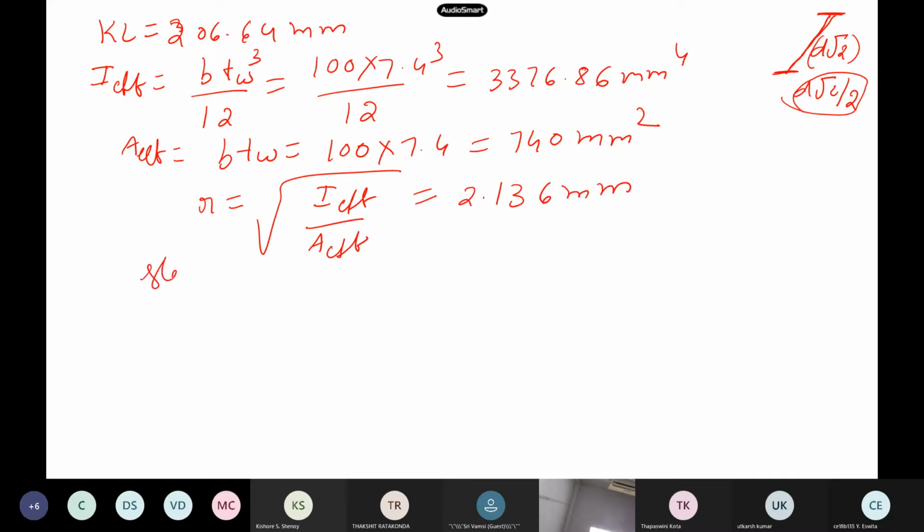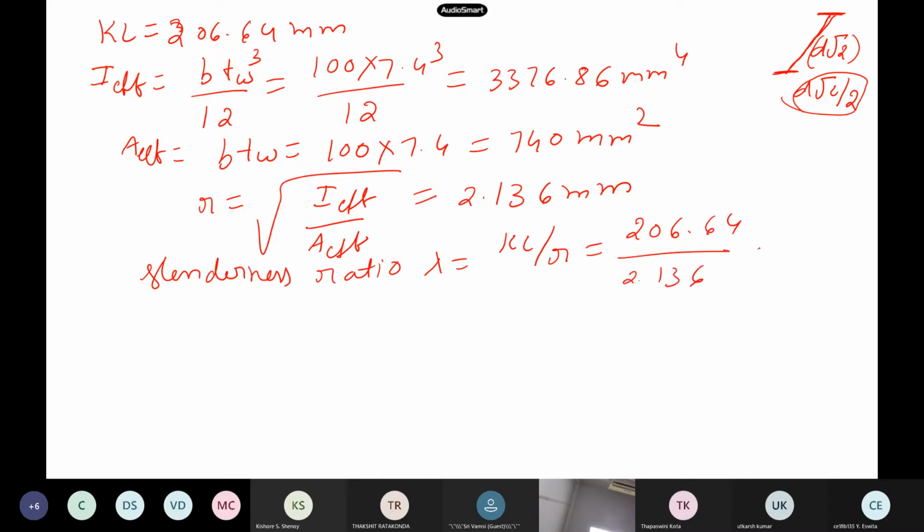Now the slenderness ratio you find out. Lambda is KL by r, so this turns out to be 206.64 by 2.136, which is 96.7415. Now you have to go to the column curves.